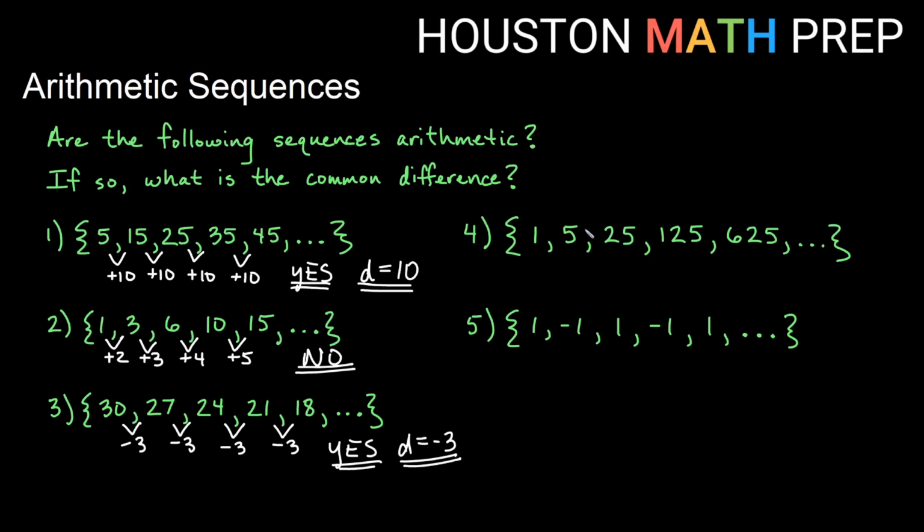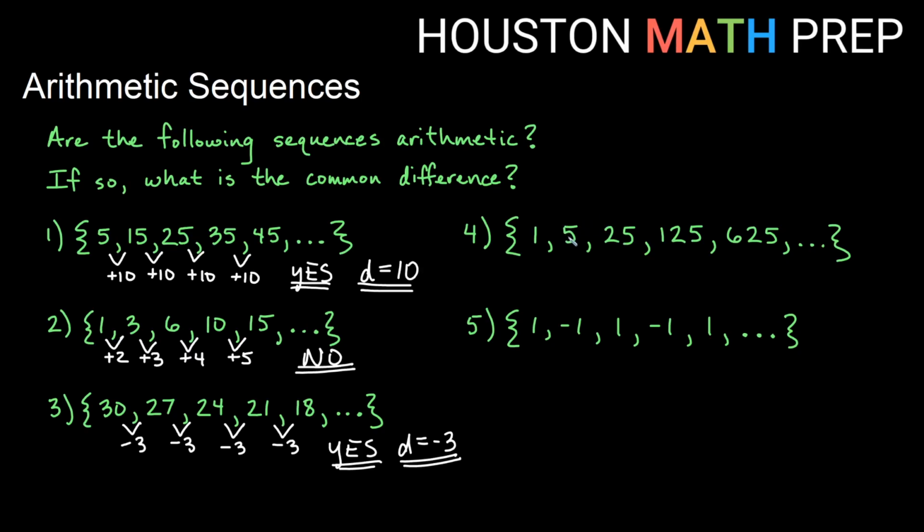For the next one, 1, 5, 25, 125, 625, there is a pattern of multiplying, right? 1 times 5 is this, and if I multiply this by 5, I get the next one, and multiply this by 5, I get the next one. But the pattern for arithmetic sequences is a common difference, right? Do I take 5 minus 1 and get the same thing as 25 minus 5?